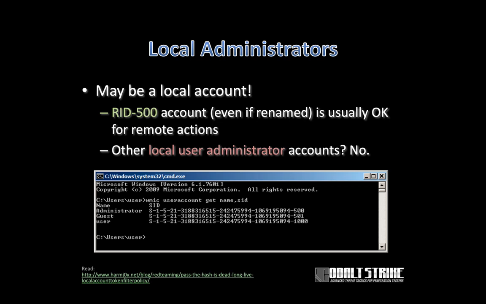If you have the password hash or credentials for the RID 500 account, that is the account with a SID that ends with 500. Normally, this is the built-in administrator account, but it could be renamed. If this account is not disabled, you can authenticate with it to a system and use that identity to do remote actions.